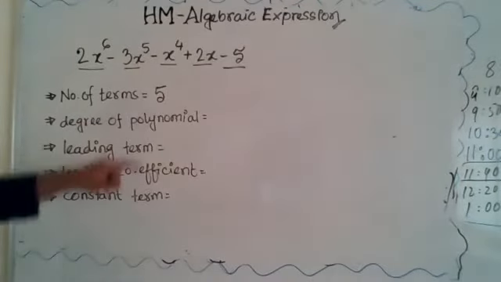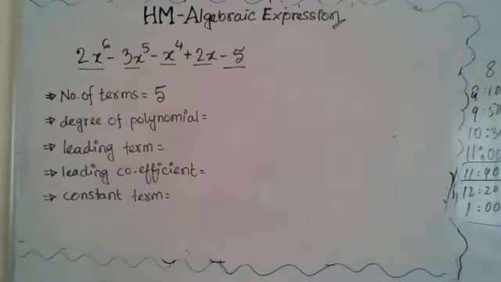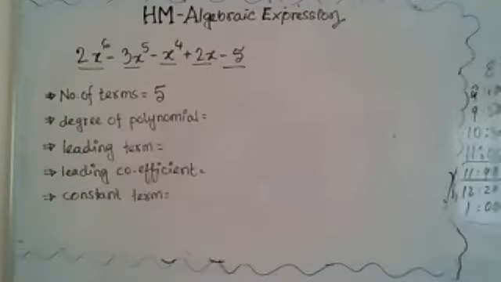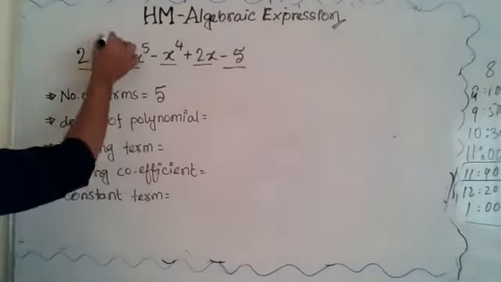Now degree of the polynomial. Many of you know, right? What is the degree of the polynomial? Can anybody tell me? 6. Iman, what is the degree of the polynomial? 6. Who is answering? Shoaib. Yes, the degree of the polynomial is 6.